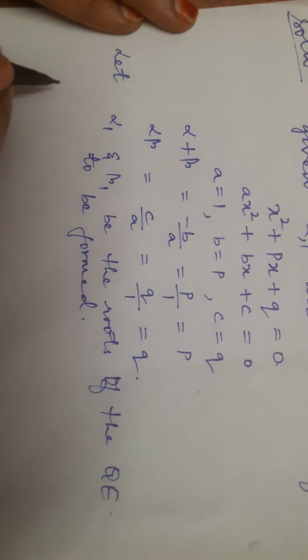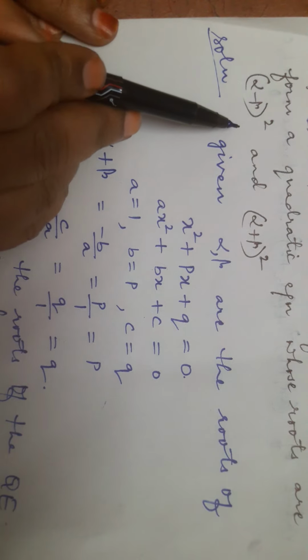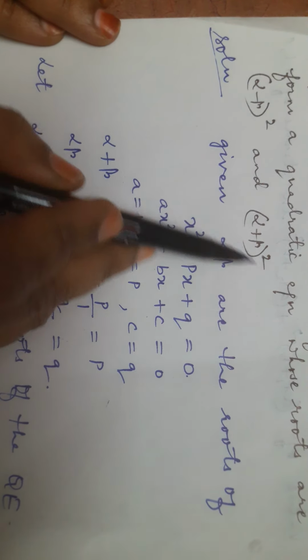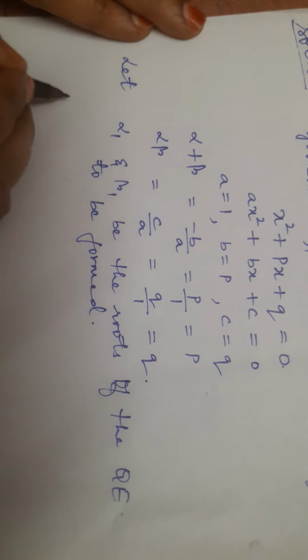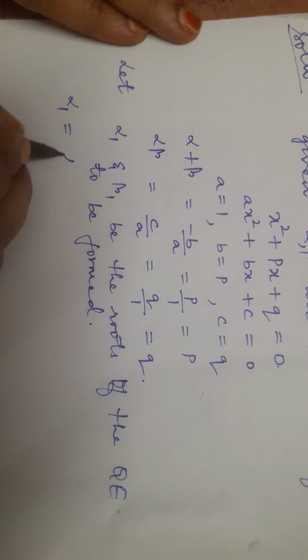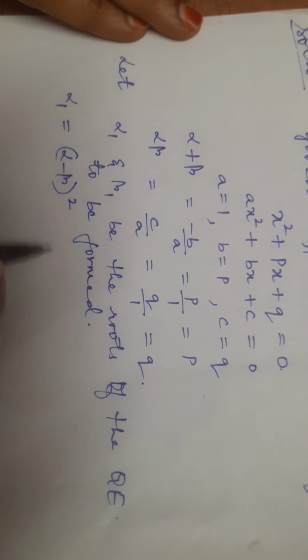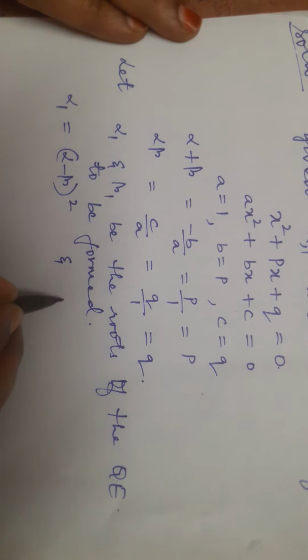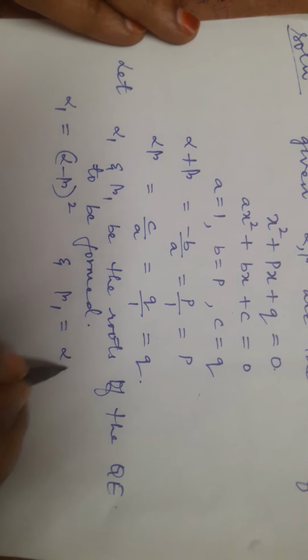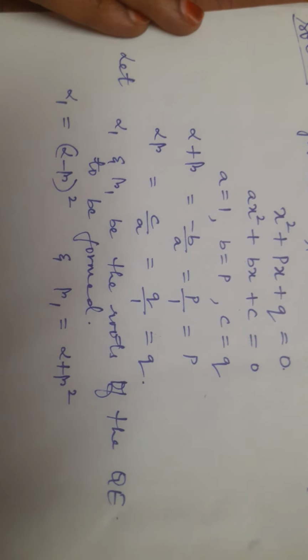He already gave us the roots, therefore alpha 1 equal to alpha minus beta whole square and beta 1 equal to alpha plus beta whole square.